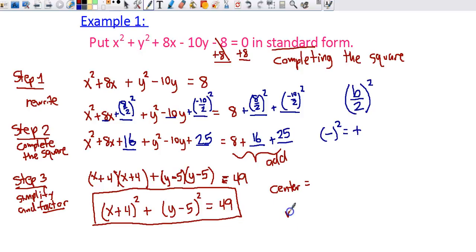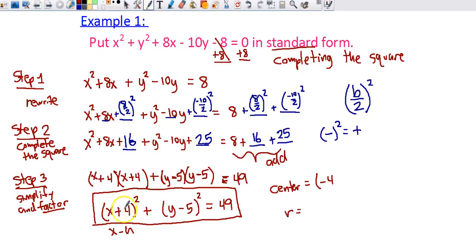This is back to what we did yesterday. The center is going to be, remember this is the h, this is x minus h. So since that's a positive, that's going to flip the sign, and that's actually going to be a negative 4.